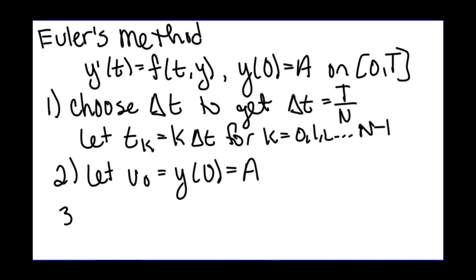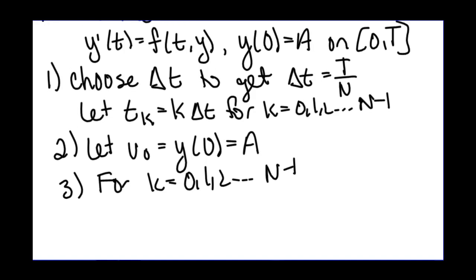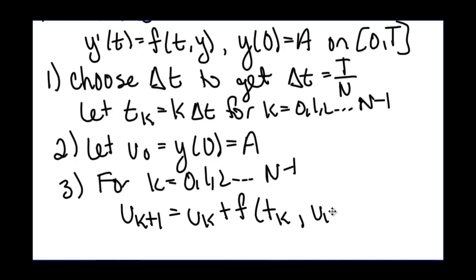Then for k equals 0, 1, 2, up to n minus 1, we find u sub k plus 1 equals u sub k plus f of t sub k, u sub k, times delta t.